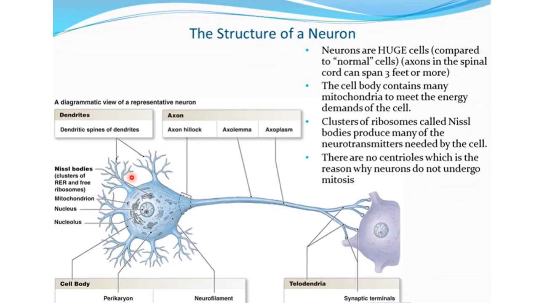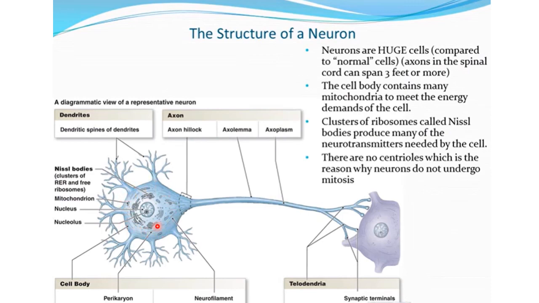So what are the important parts to know here? Dendrites. Dendrites are close to the body, usually. In case of this neuron it is. This is the most popular type of neuron. So dendrites are going to gather information. Now, in the body of the neuron, you're going to find a lot of mitochondria and also a lot of ribosomes, because a lot of your neurotransmitters are going to be produced here.